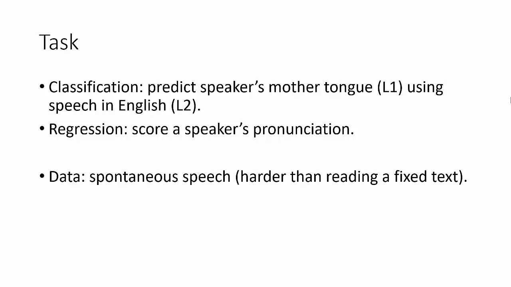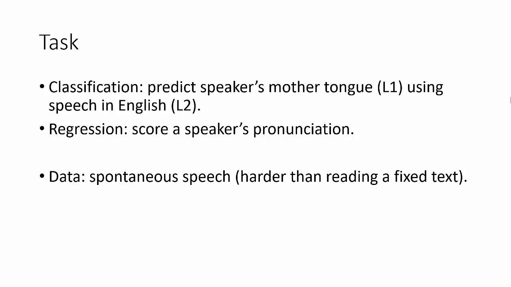But it's less informative, as opposed to spontaneous speech where they just say something out of the blue without you knowing what they're gonna say, and that gives off more linguistic signals than if you give them a fixed text to say. But it's harder for computers because you don't know what they're gonna say.